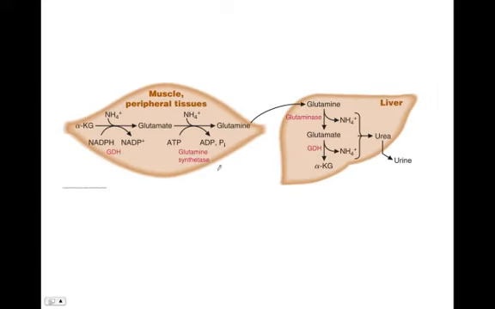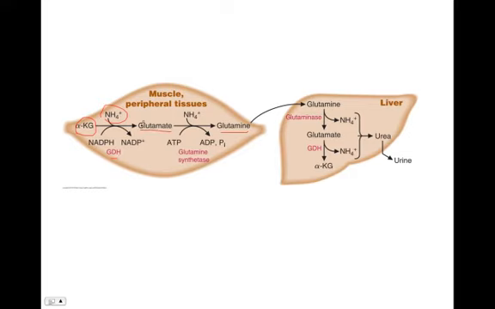In addition to alanine, glutamine is also used as a non-toxic carrier of ammonia in the body. In muscle, as well as most peripheral tissues, the transport of nitrogen looks like this, where alpha ketoglutarate will fix free ammonium using glutamate dehydrogenase to generate glutamate.